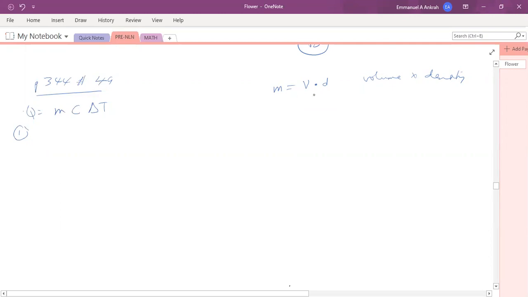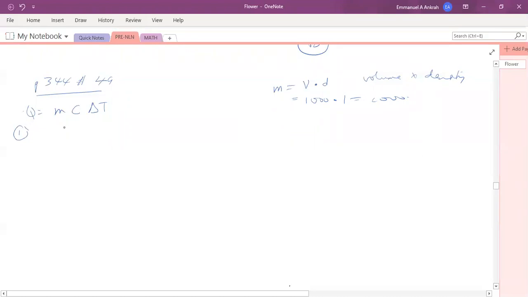So if I know the volume, let's say 1,000, times the density of water, 1, this gives me 1,000. In other words, the volume is going to be the same as the mass of the water in this case, because the density is 1. So we can use the volume as the mass.